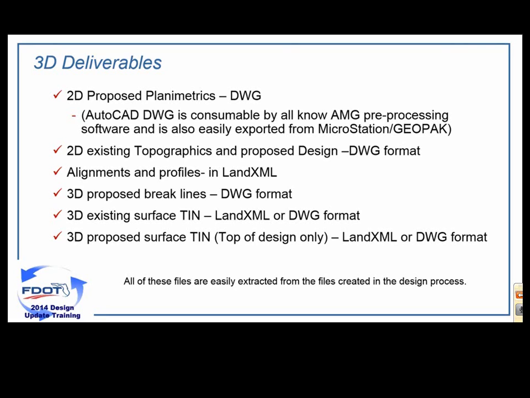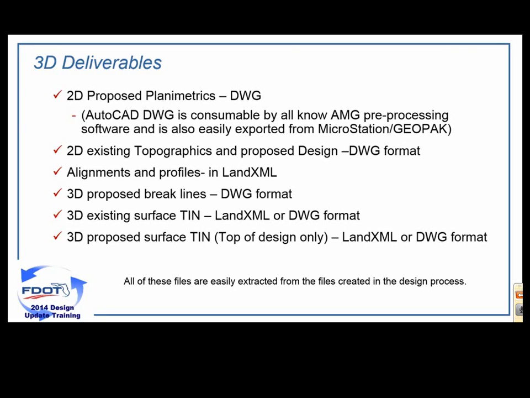Proposed break lines of the model can be exported to a 3D DWG format. The 3D existing surface, or a TIN file that you get from survey, you can easily export to LandXML, or provide in a DWG format as well. I believe the contractors will prefer the LandXML because they can import that and parse out data that is unneeded.